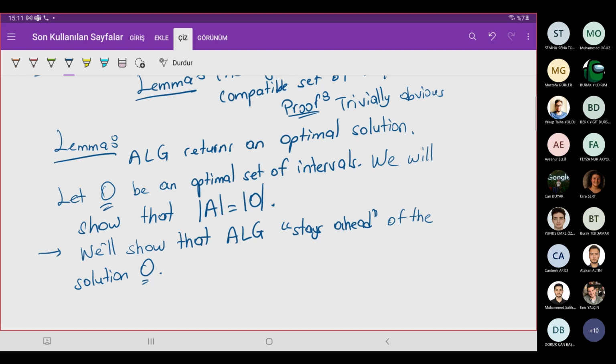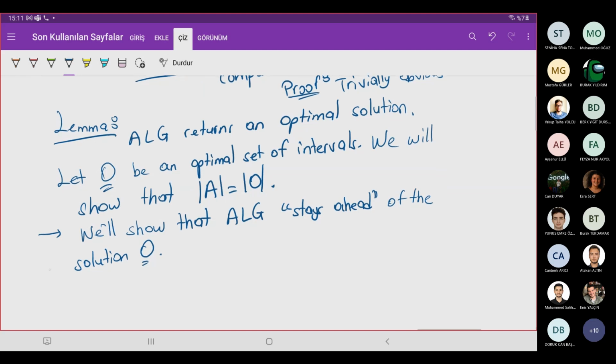Okay, so let's give some other notations.